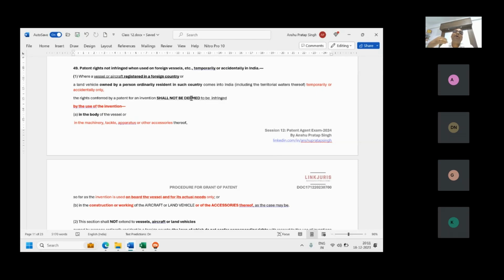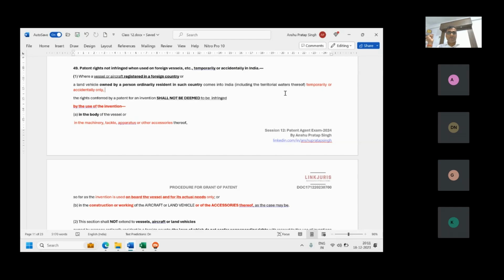comes to India. That means a foreigner, or any person who is not a resident of this country, is driving a vehicle and comes to India, including territorial waters thereof. Territorial water is the boundary. In the sea also we have a certain territory till which India can exploit.